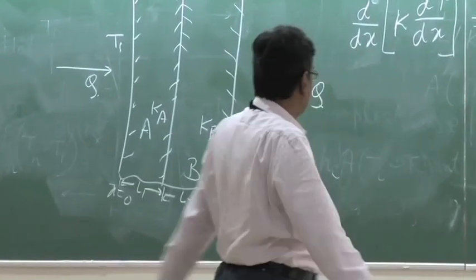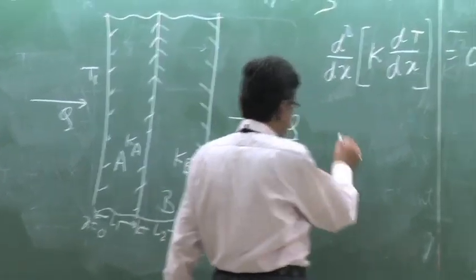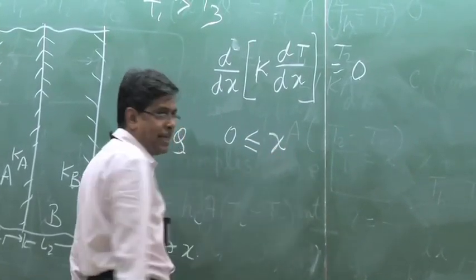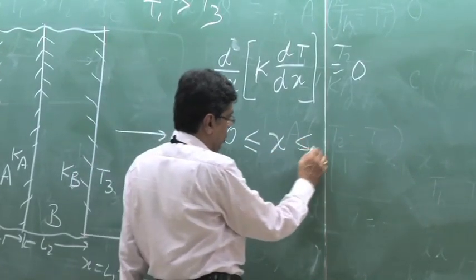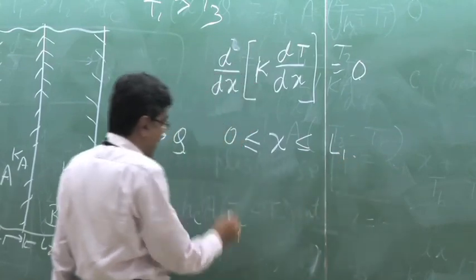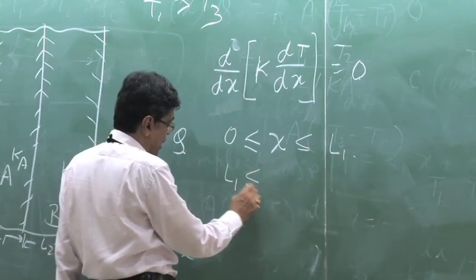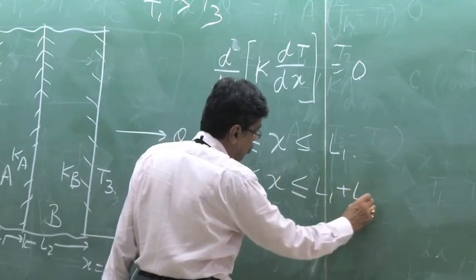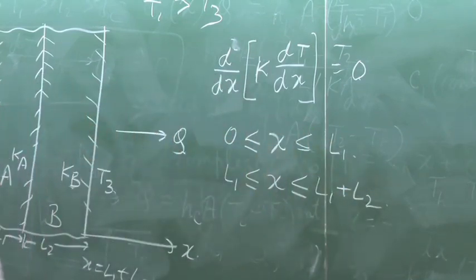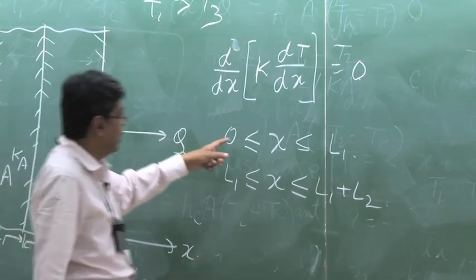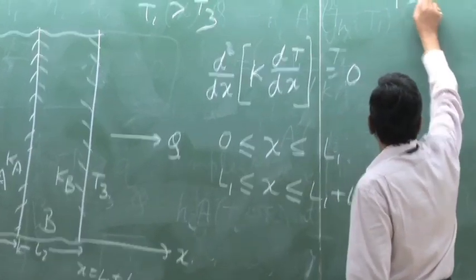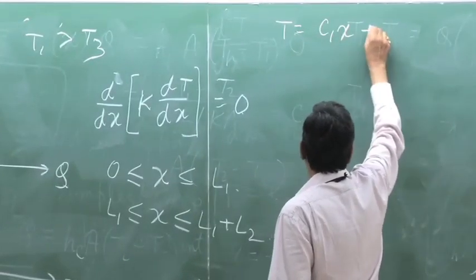So we have to divide this into two domains: 0 less than or equal to x less than or equal to L1, and L1 less than or equal to x less than or equal to L1 plus L2. If you solve the first one, T equals C1x plus C2.